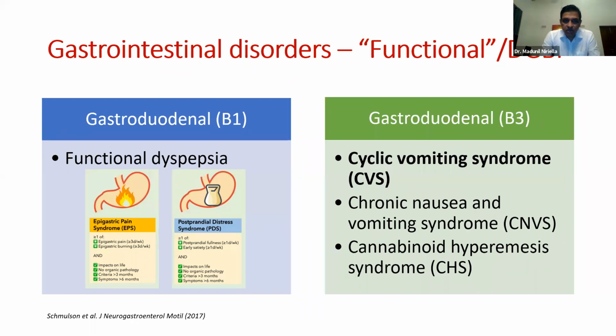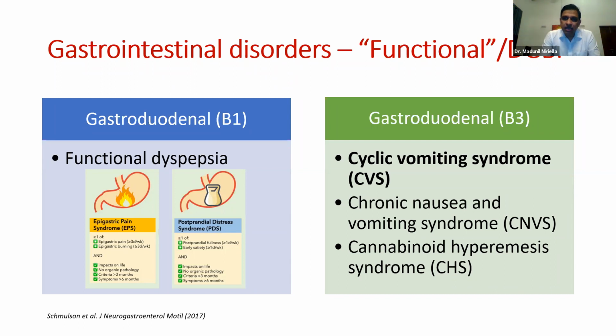And the first group of disorders are the functional dyspepsias, which can have chronic nausea and vomiting as an accompanying symptom, but their main clinical features would be other symptoms such as epigastric pain or burning, or postprandial fullness in the epigastric pain syndrome or postprandial distress syndrome. So chronic nausea and vomiting can be a part of functional dyspepsia. But it is the main symptom in the other group of these gastrointestinal disorders.